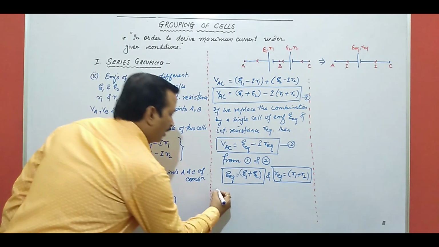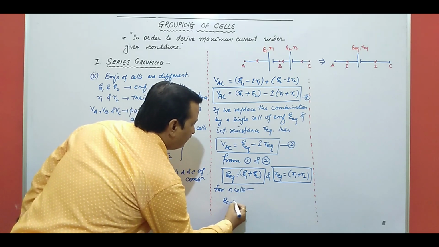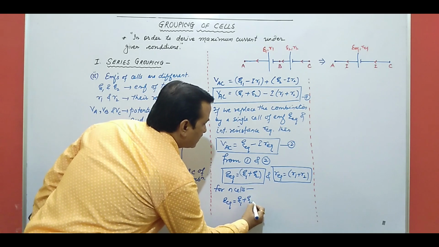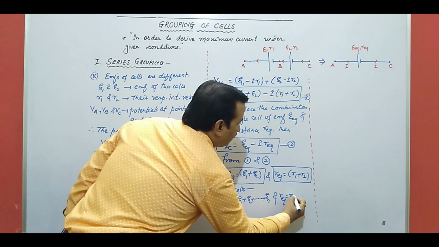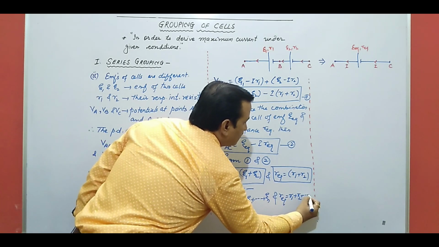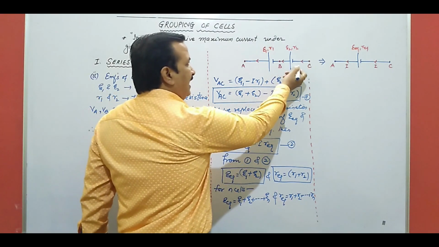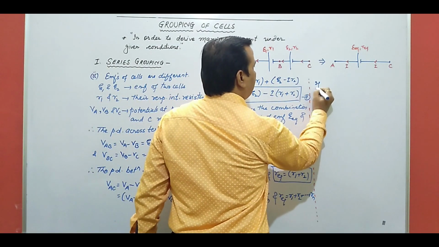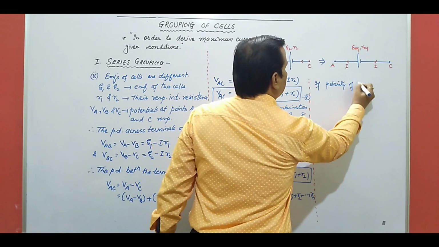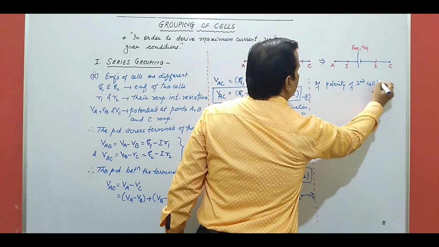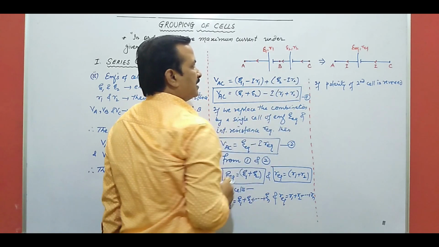Right? For n cells, you can write E equivalent is equal to E1 plus E2 plus En, and R equivalent is equal to R1 plus R2 plus Rn. Okay. Now if polarity of second cell is reversed, that means this is negative, this is positive.